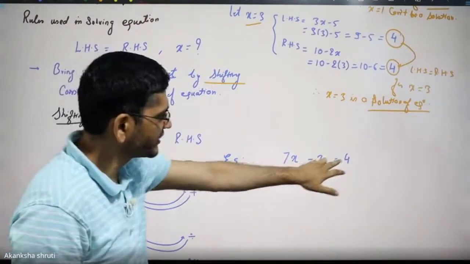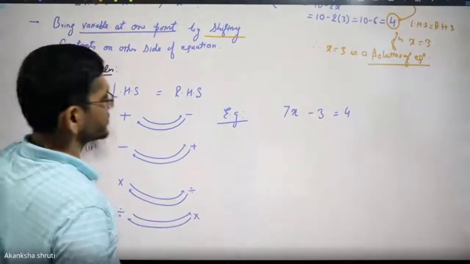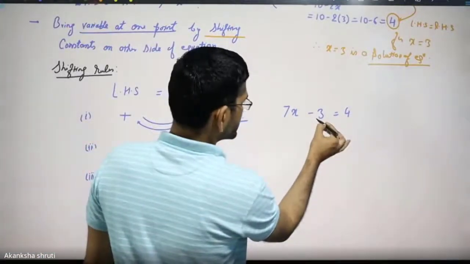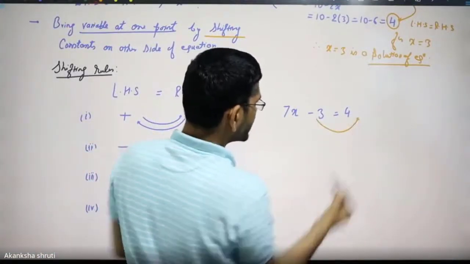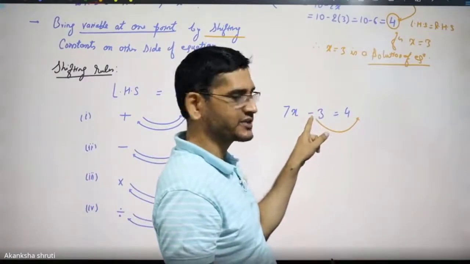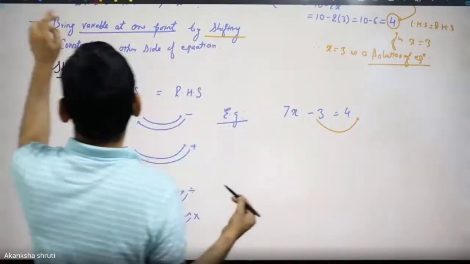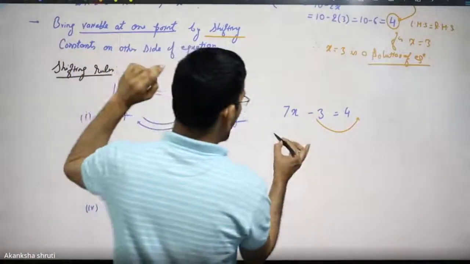But here we observe that this 3 is associated with the negative sign. So if I bring this 3 to the right hand side, it must turn positive.